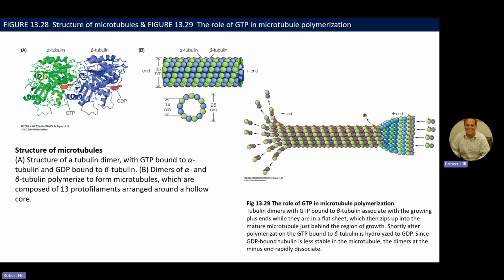Here we've got the alpha and the beta tubulin dimer, and it's emphasizing that alpha tubulin permanently holds GTP, while beta tubulin has an exchangeable GTP or GDP. The microtubule is composed of 13 protofilaments. There they are right there, and they alternate alpha and beta, you can see.